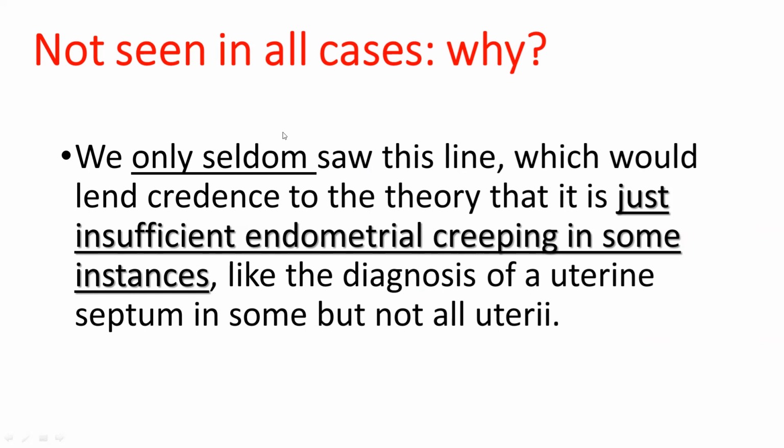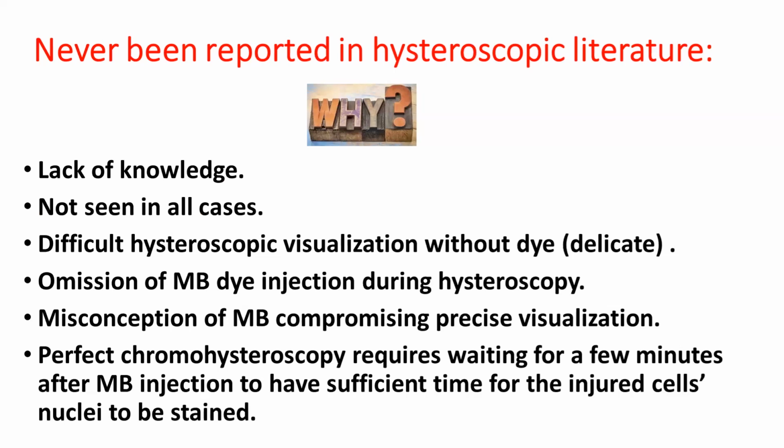As I told you, some doctors say we don't see it in all cases, just as we don't see a septum in all cases, perhaps due to insufficient endometrial cleaving in some instances, like the diagnosis of uterine septum in some but not all uteri. Others may say that we never saw this description in the hysteroscopic literature before.